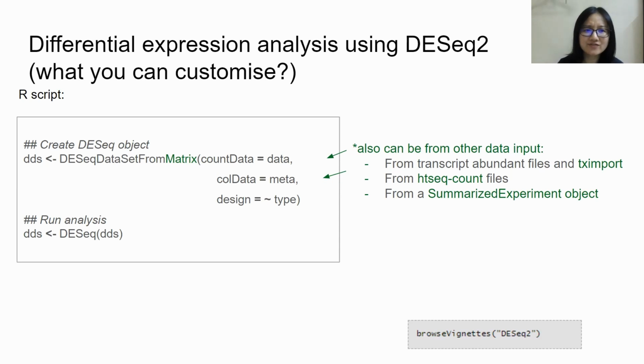Okay, so in R, there are a lot more things we can customize using these two packages. The first thing is we can change the type of the input. Just now, what I demonstrated is a matrix file. This can also come from other data input, which is from transcript abundance files, from HTSeq count files, or from a SummarizedExperiment object.